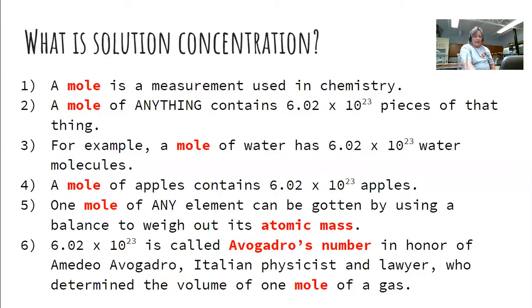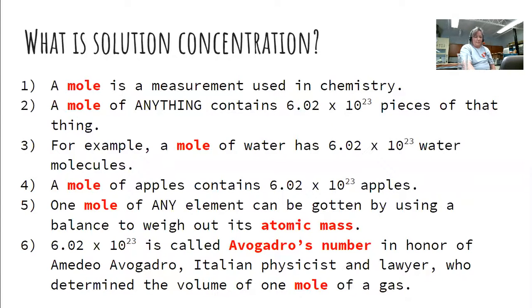Chemistry is a practical science. You have to be able to measure out things, put them together, make solutions and do some really cool stuff in the lab, but you've got to do it by counting out things you can't even see.